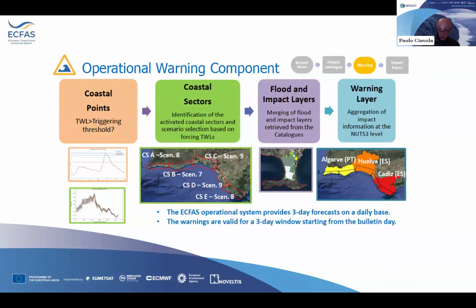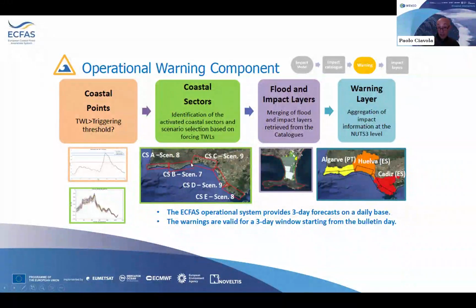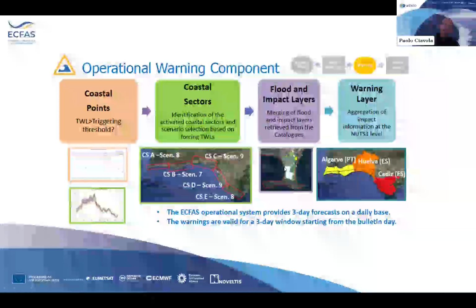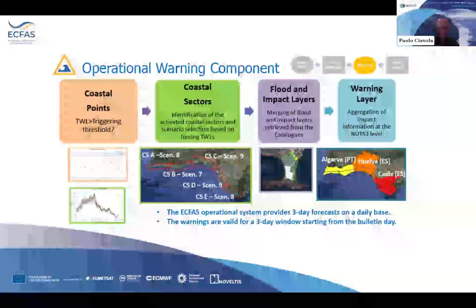Then the thresholds for the 20, 50, 100-year reference return periods identify the coastal sectors that might have problems. Then for every sector, we propose a system that could pull out the flood and impact layers, estimate, and then do an aggregation where you then issue the warning. Green, obviously, is no warning, red is the extreme.